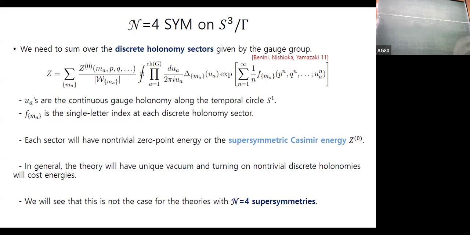So you basically get the contribution from the single letters after turning on the discrete holonomies, and you plethystically exponentiate it to get the multi-particle partition function, and you project onto the gauge singlet by doing the Haar integral as before. This is very similar to the index you have seen in the previous talk, but the difference is that now you need to sum over the discrete holonomies.